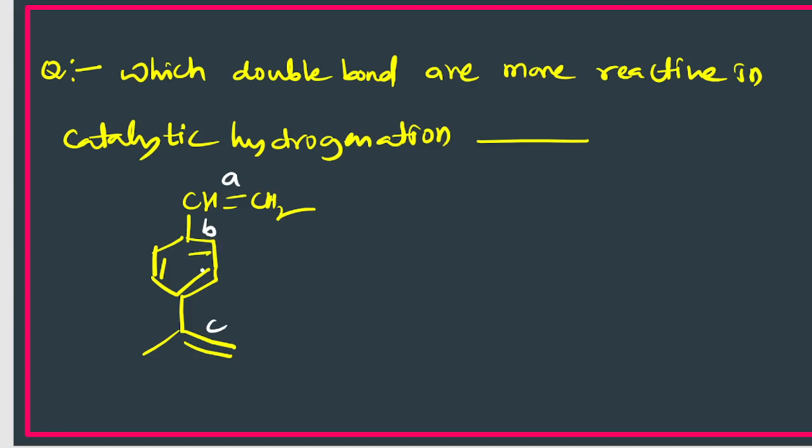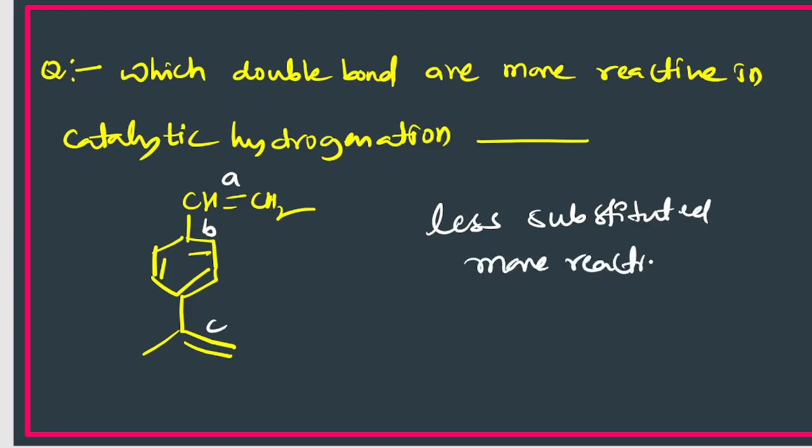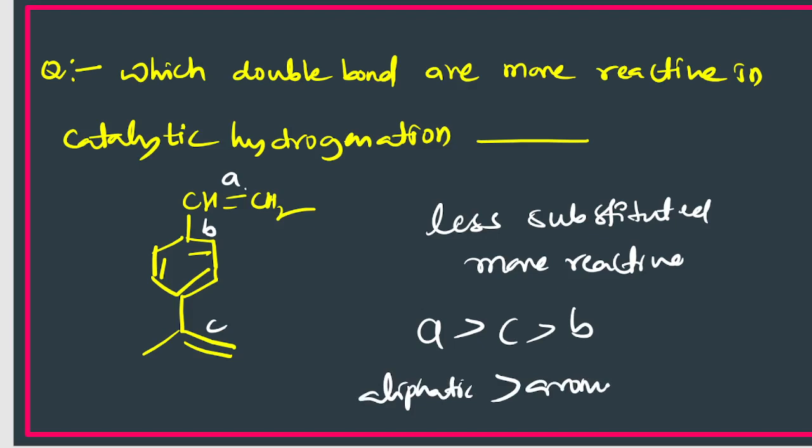So A is most reactive, after that C, and after that B. Less substituted means more reactive. Aliphatic is also more reactive than aromatic.